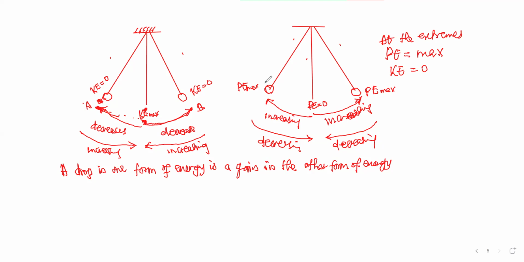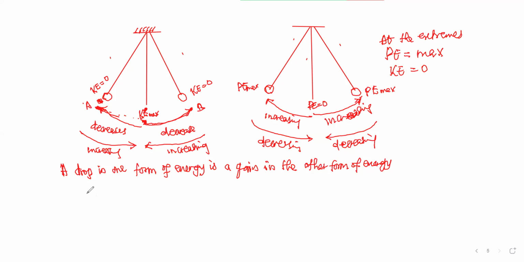When you let it go and it starts to oscillate, as it's nearing the mean point, the maximum potential energy we started with slowly converts into kinetic energy. By the time we reach the mean point, it has been fully changed to maximum kinetic energy. Then the kinetic energy decreases again as it goes back to the extreme point on the other side.